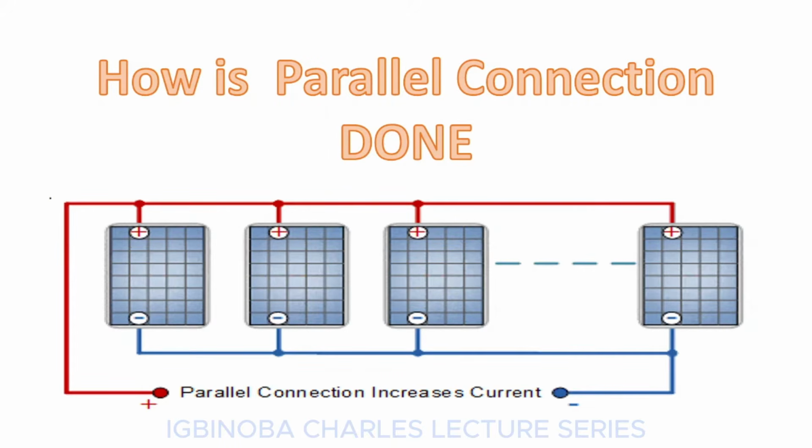After all this connection, the positive terminal is taken out and the negative terminal is taken out. So it is between these two points that all readings are taken, or connection is made to the required system.